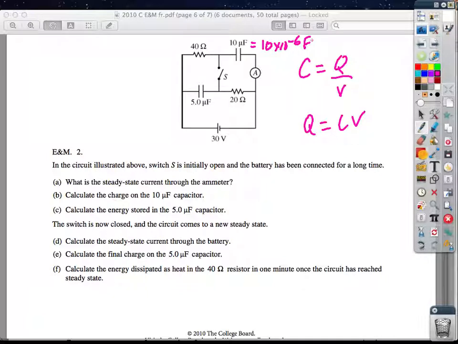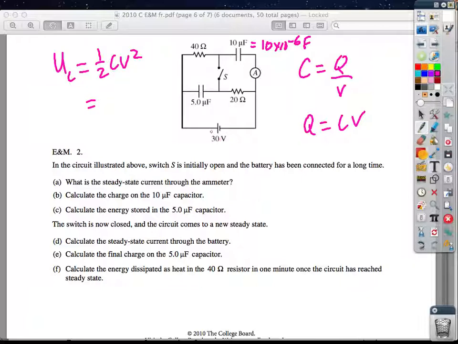Okay, and then calculate the energy stored in the 5 microfarad capacitor. The energy stored in the capacitor, U sub C, is 1/2 CV squared. You can substitute V equals Q over C to get other forms, but actually you don't have to substitute anything.